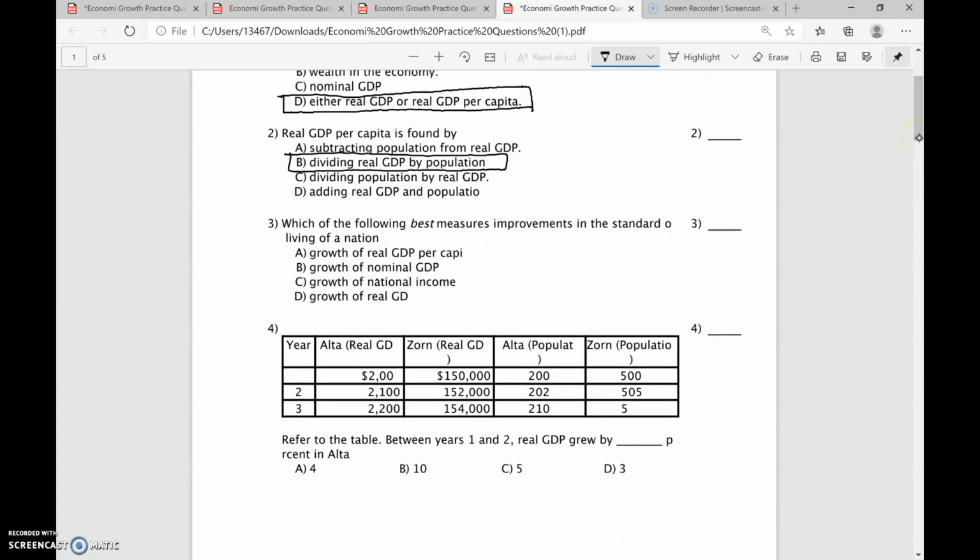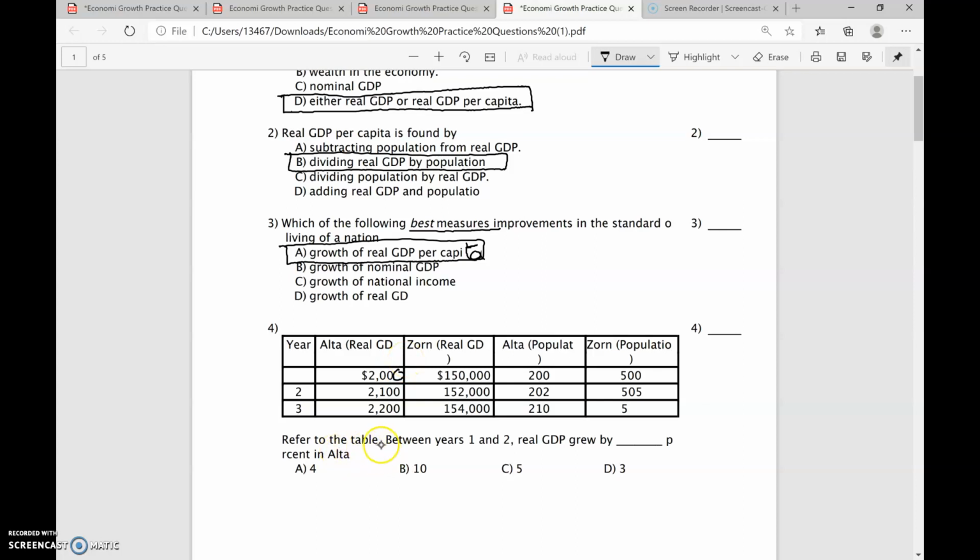Now the next one, which of the following measures the improvements in standard of living in a nation? This will be growth rate of real gross domestic product per person. Okay. Now take a look at question number 4.